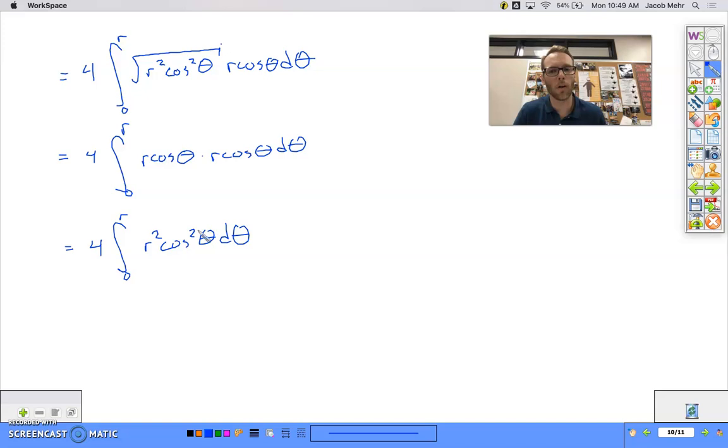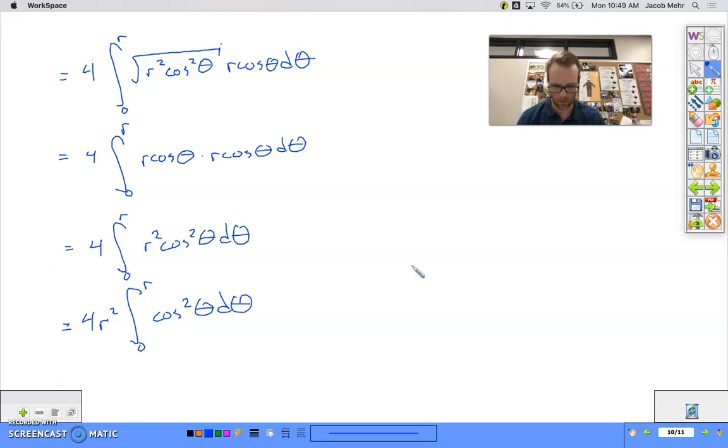Now remember, our variable here is theta. It's not r. R is a constant term. It's the radius of the circle, and the radius of the circle is not changing. We're just picking it to be r. We could have picked it to be 1 or 4 or whatever. So let's factor out that r squared. And we have that. So we need to be able to find the antiderivative of cosine squared. We have done this before, back in integration by parts.